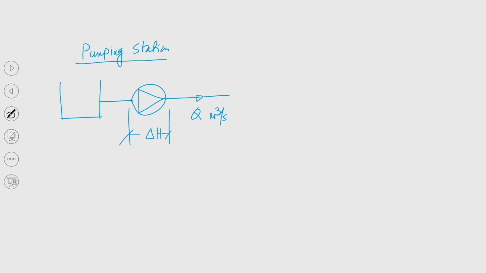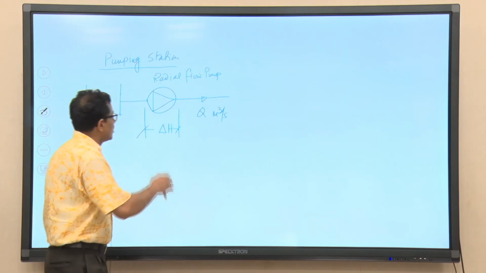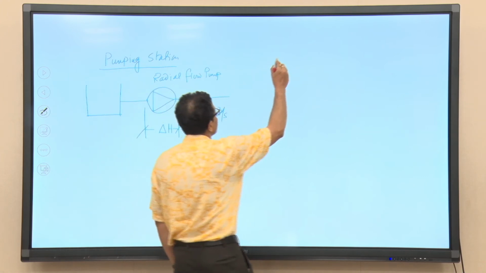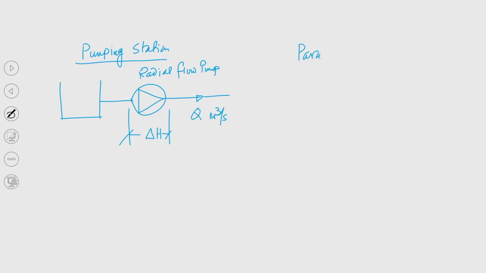The question is, with time, maybe we need more flow rate, or the pump installed in the pumping station will experience higher head, higher resistance. Then what should we do? For that we need to go for either parallel or series connection.